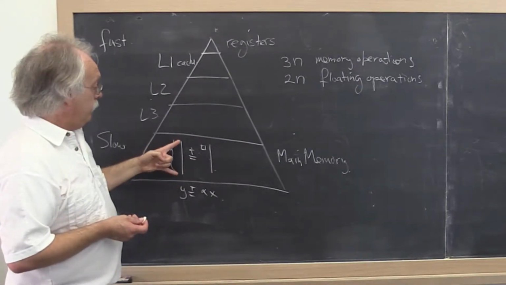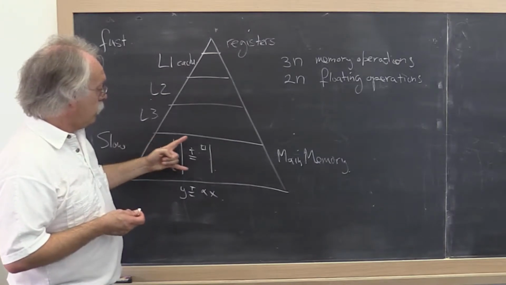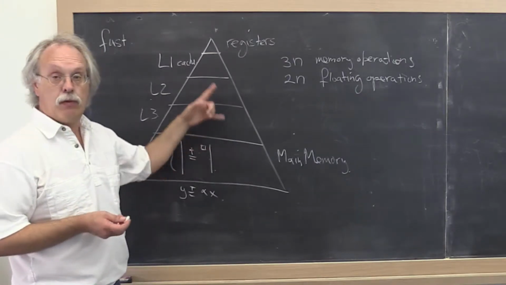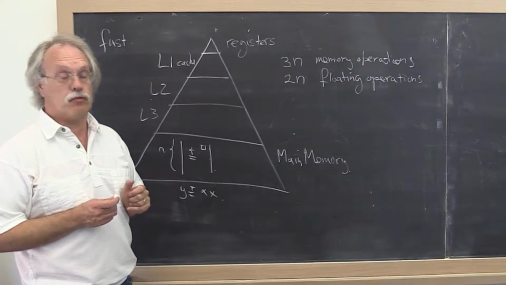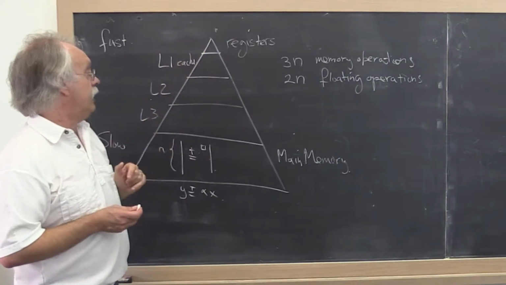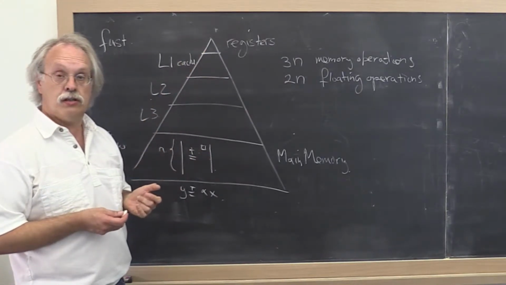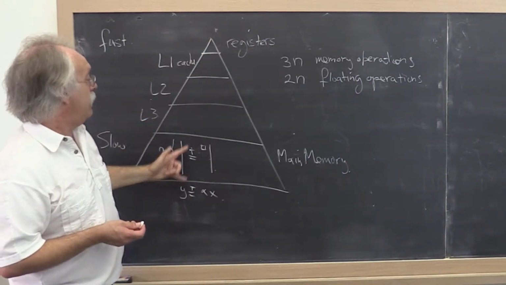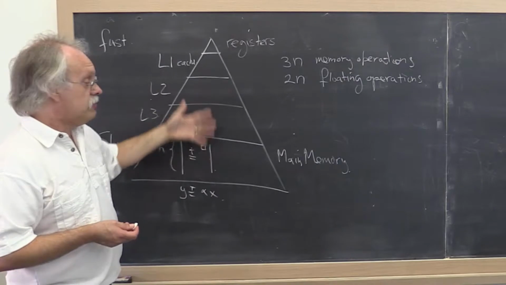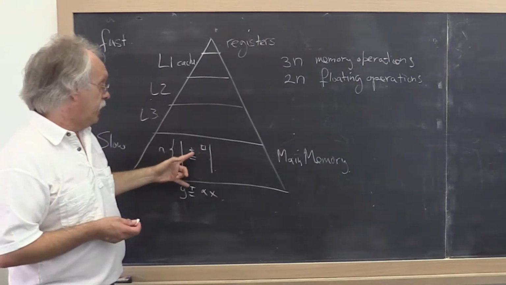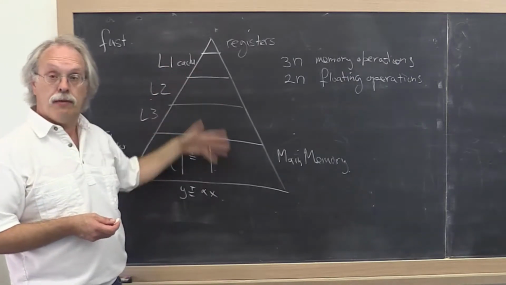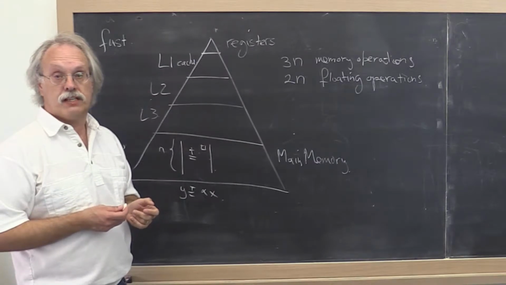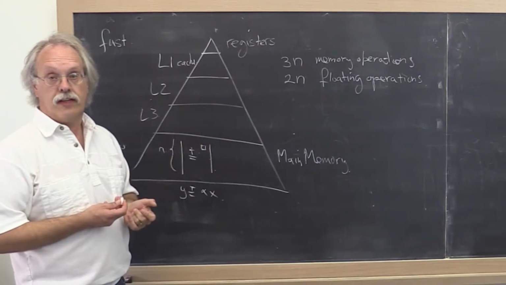The problem is that if our premise is that we initially start with our vectors in main memory and we want to end up with those vectors in main memory, then having a very fast L1 cache doesn't really do you much good, because inherently these vectors must be brought in from main memory into the L1 cache, and you still pay the price of bringing it out of the main memory and back into the main memory. So it doesn't do you much good. That's where all the cost is.